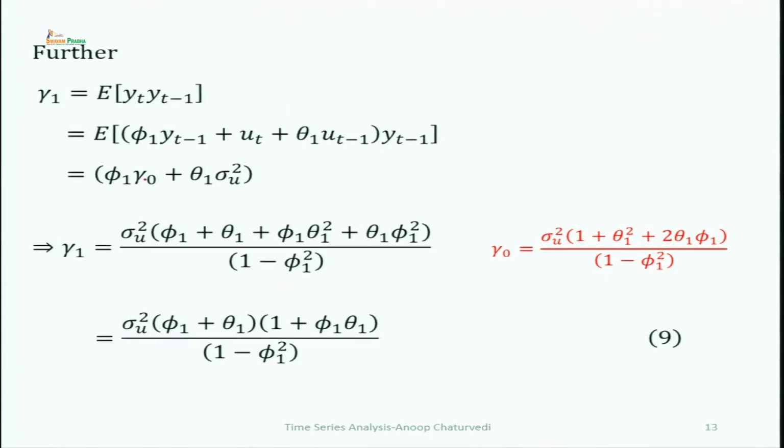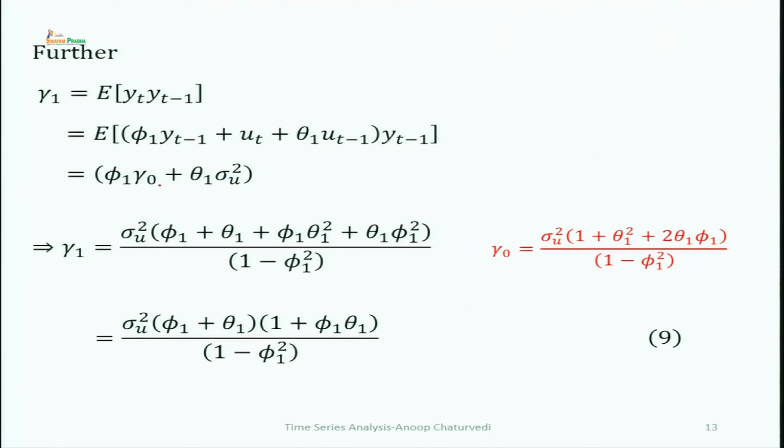So, you get phi 1 gamma 0 plus expectation of u t y t minus 1, which we have already obtained, this is equal to 0. Then you have theta 1 expectation of u t minus 1 y t minus 1, again this expectation we have already obtained, and the value of this expectation is sigma square u. So, you obtain gamma 1 equal to phi 1 gamma naught plus theta 1 sigma square u.